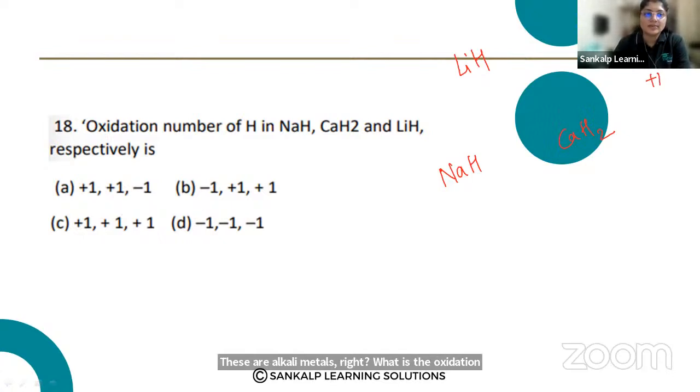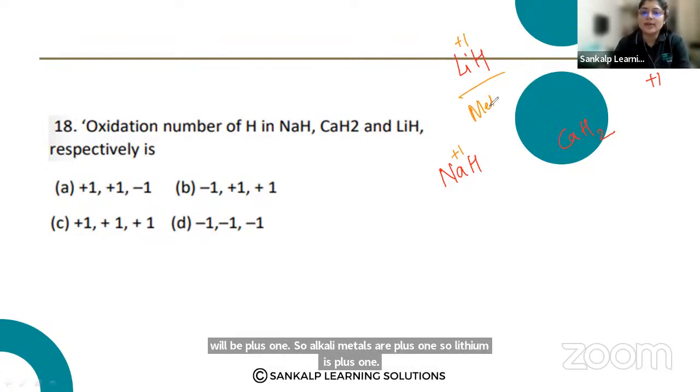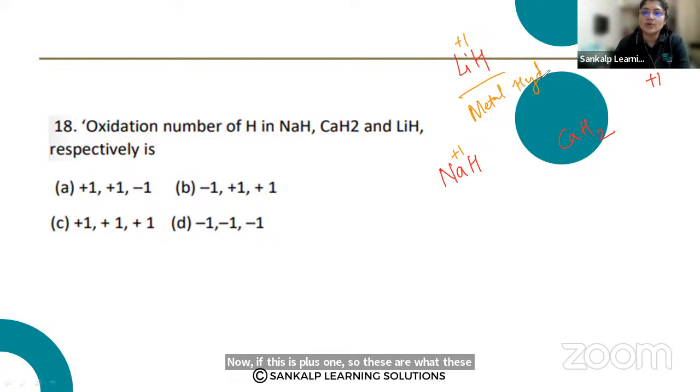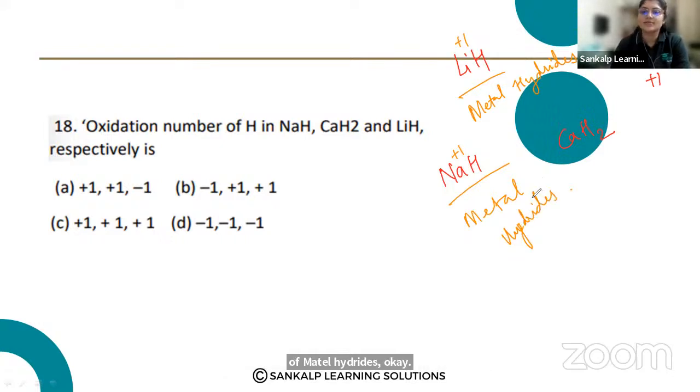So lithium is +1, sodium is +1. Now, these are called metal hydrides. This is also an example of metal hydrides. So whenever you have metal hydrides, hydrogen will be in -1 oxidation state.